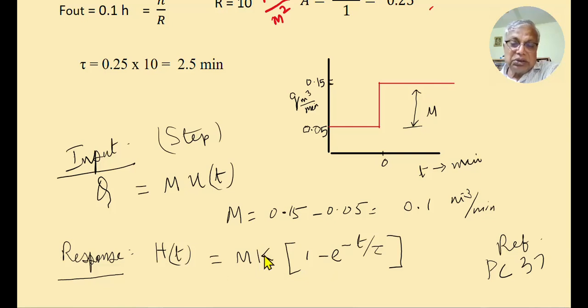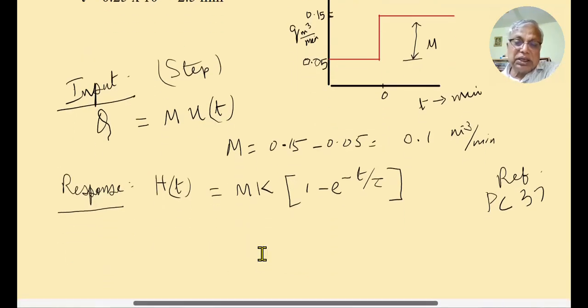M is the magnitude, K is the gain, so I substitute the gain as R: M R into 1 minus e power minus t by tau.